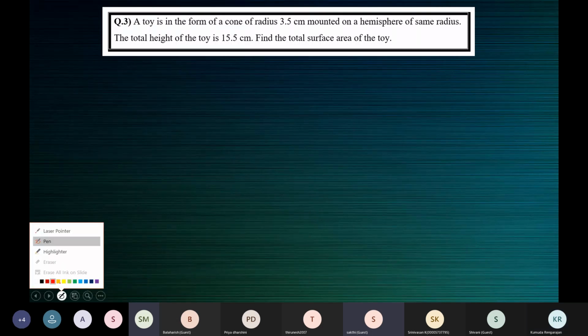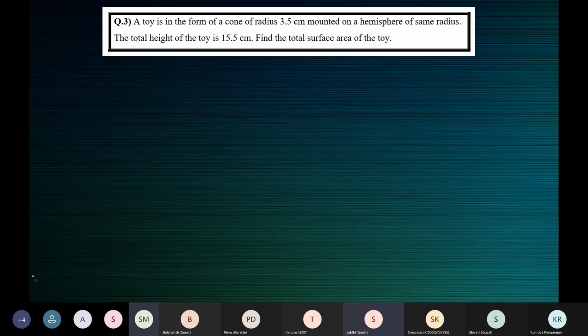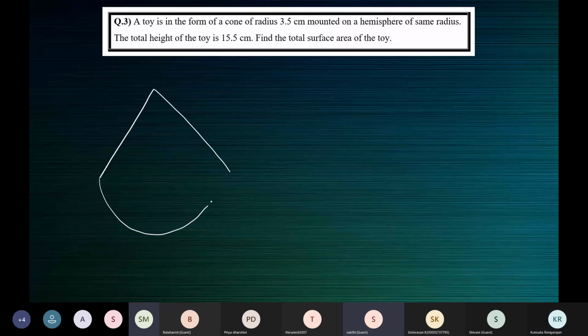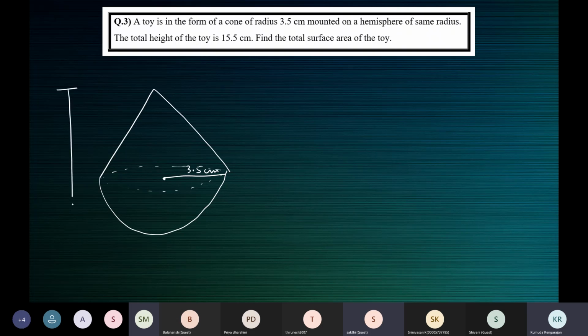The total height of the toy is 15.5 centimeters. Find the total surface area of the toy.